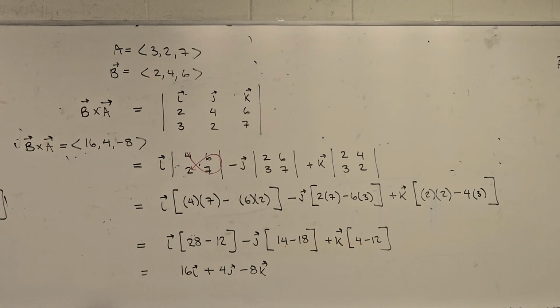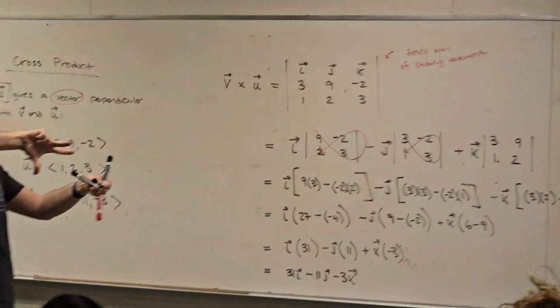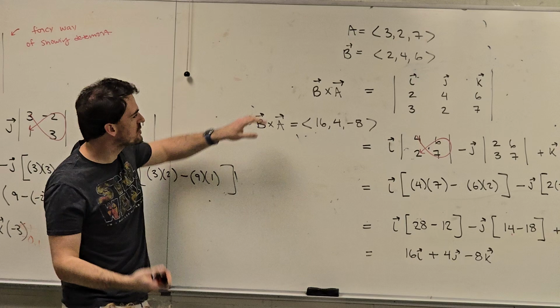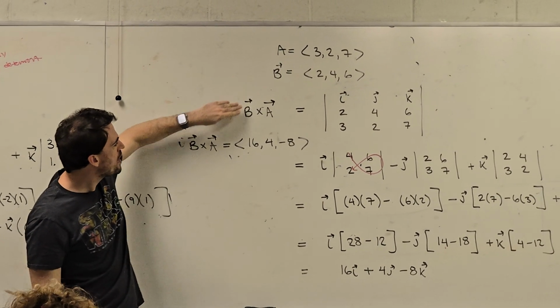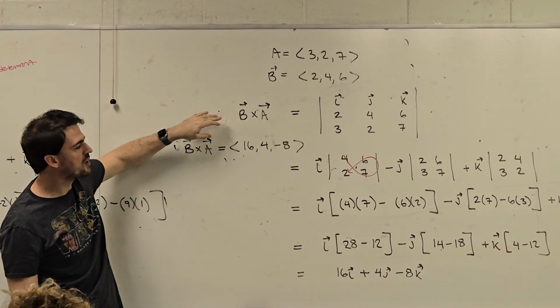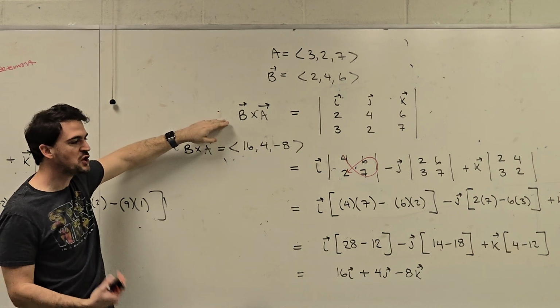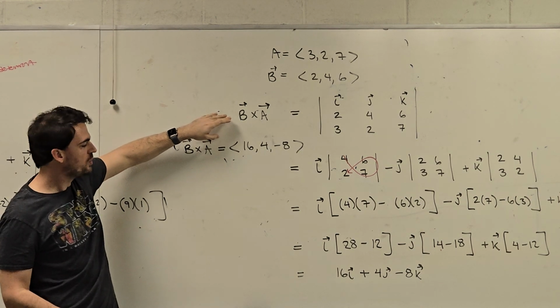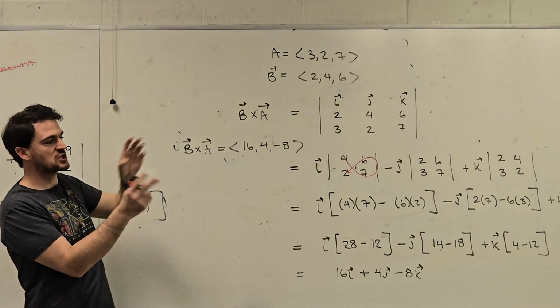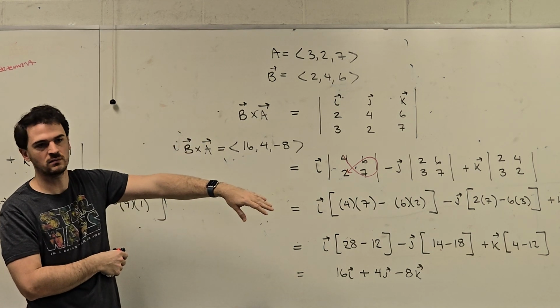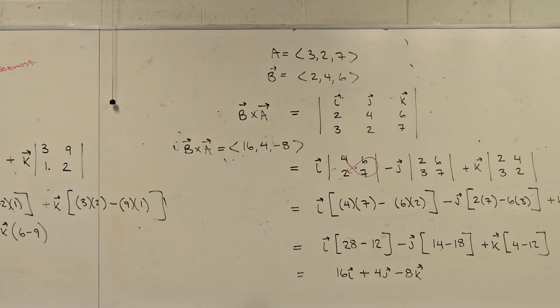Say we find ourselves where it gave us B cross A, but I want A cross B. The goal is to not redo it. The goal is just to understand that if I just want to change the order, I can just scale that vector by negative 1. You don't have to rerun through it.